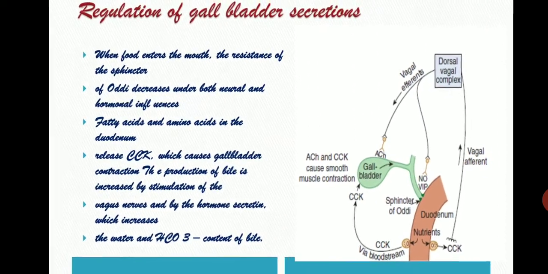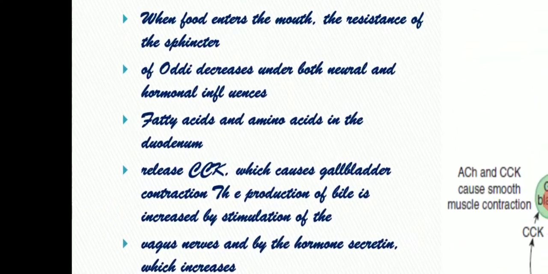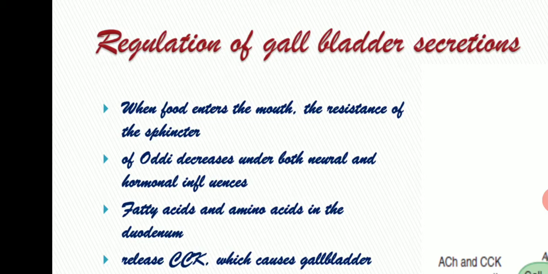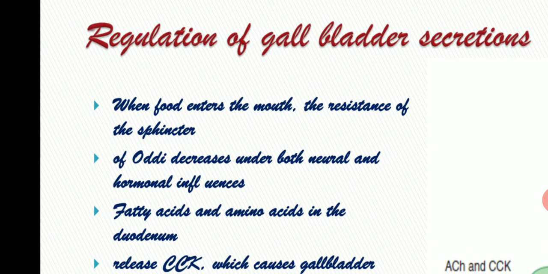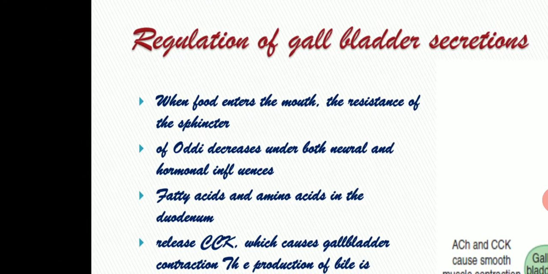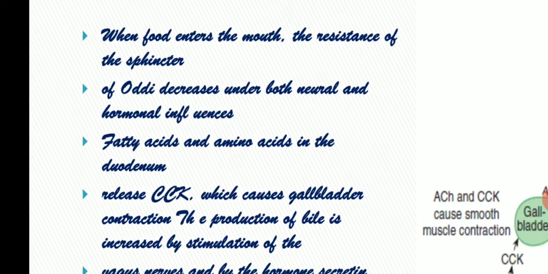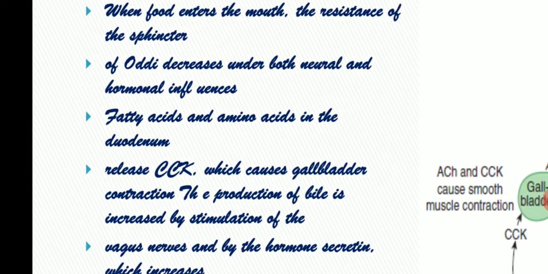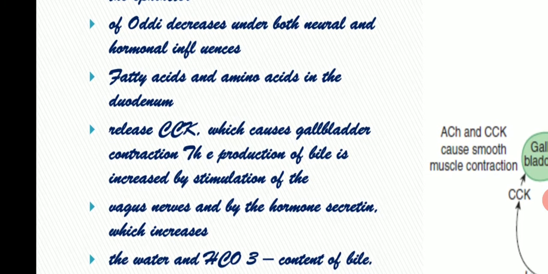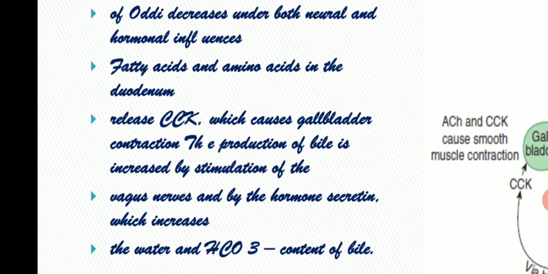Now, regulation of gallbladder secretions. When food enters the mouth, the resistance of the sphincter of Oddi decreases under neural and hormonal processes, and fatty acids and amino acids in the duodenum cause release of CCK, which causes gallbladder contraction.